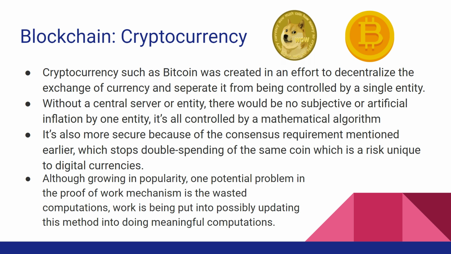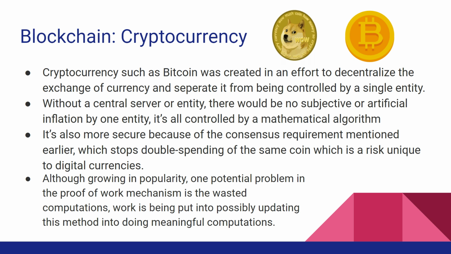And although growing in popularity, one potential problem in the proof of work mechanism is the waste of computations. Like we mentioned, another part of why it's so secure is the proof of work mechanism. A block being added to the chain takes, on average, around 10 minutes. That's mostly because of the work being put through to avoid spam or malicious attacks.